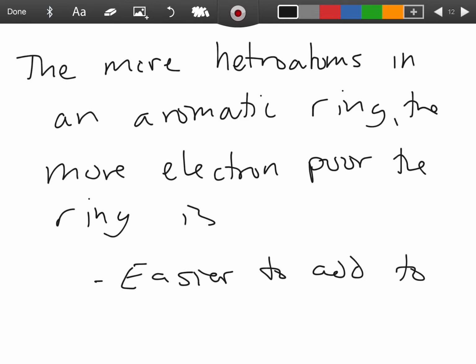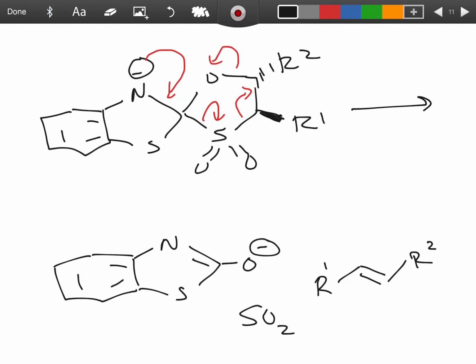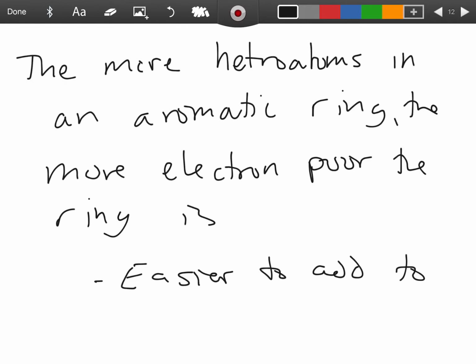For one reason, when I added to this ring, I had a nitrogen where I could put that lone pair, right? Nitrogen's a little bit more electronegative than carbon, so it can take that negative charge a little bit easier. And having the nitrogen and the sulfur, the ring's electron poor anyway, so it's easier to put a negative charge on that ring because that ring already is lacking electrons.